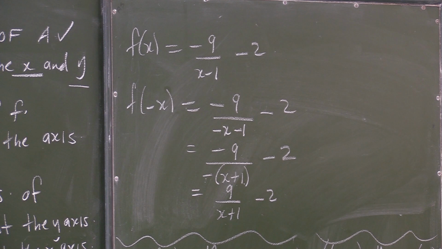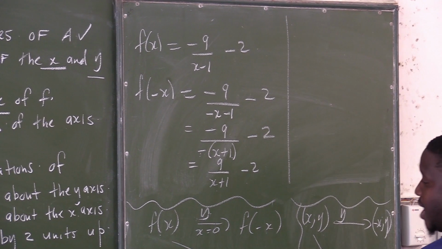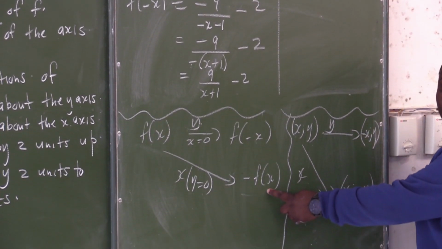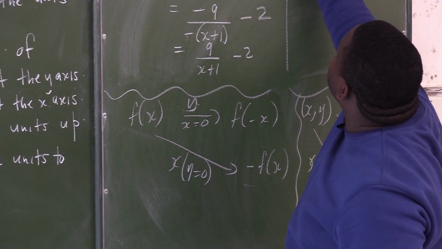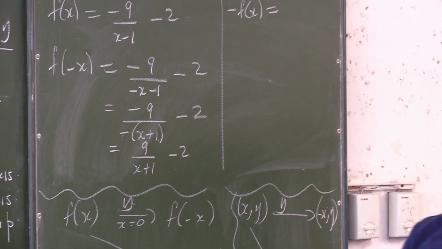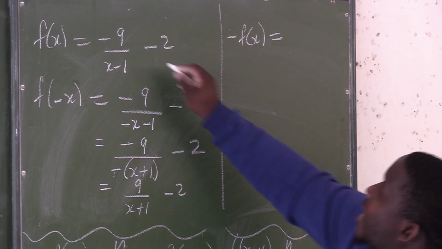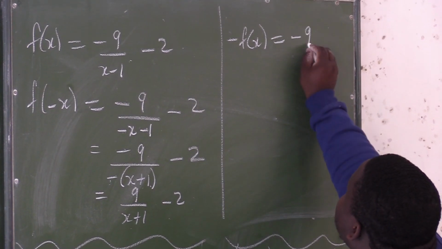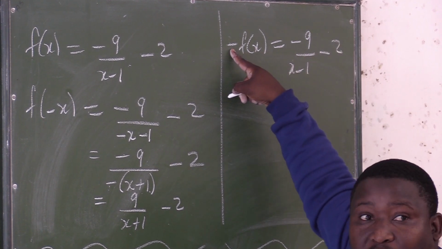If the reflection is along the x-axis, what is happening? If you reflect a graph along the x-axis, the value of y becomes negative. It means I will have negative f of x. Negative f of x. Take note, I still have negative 9 over x minus 1, minus 2. So I'm going to divide that by negative 1 across.